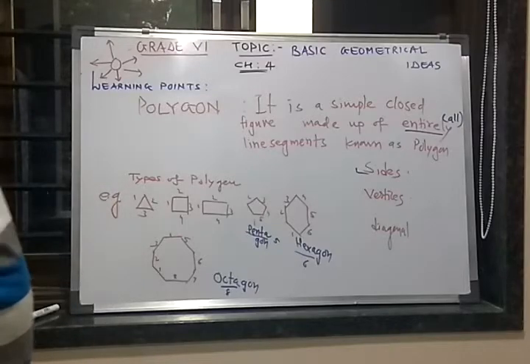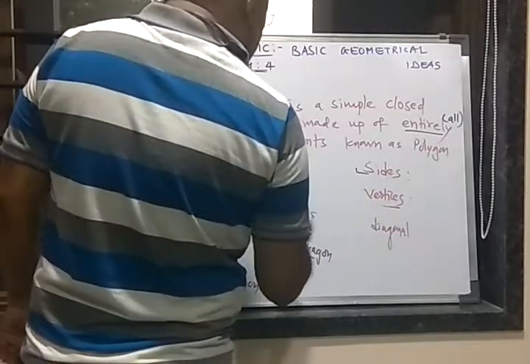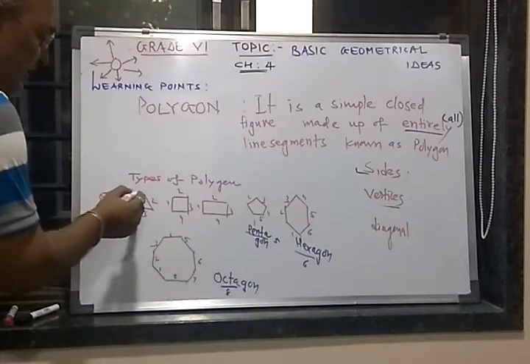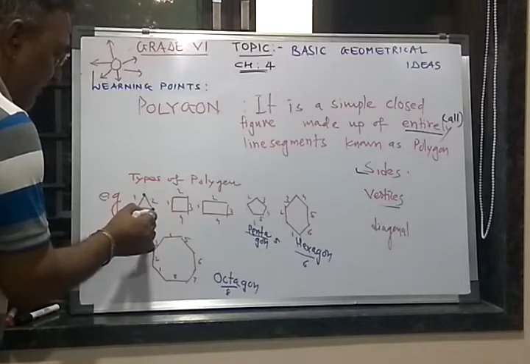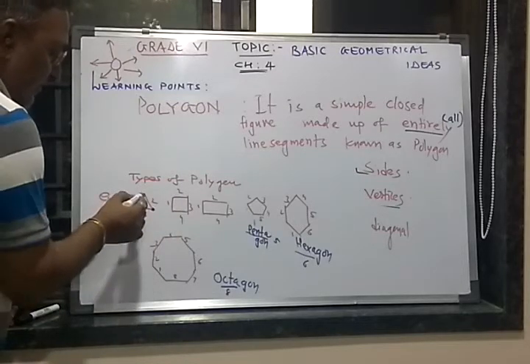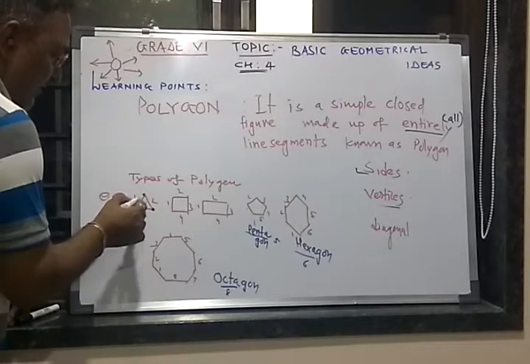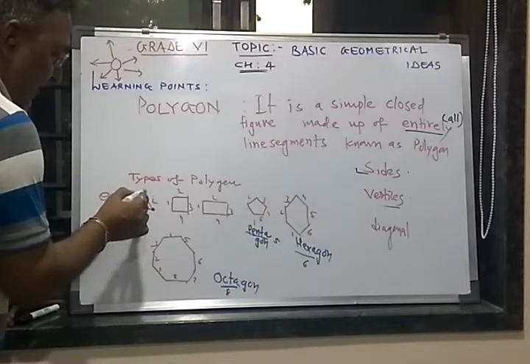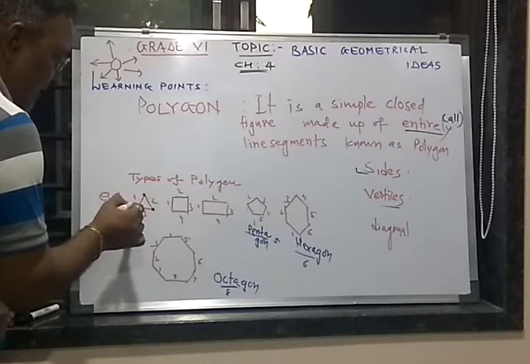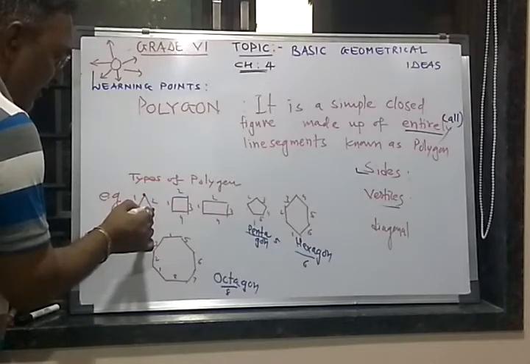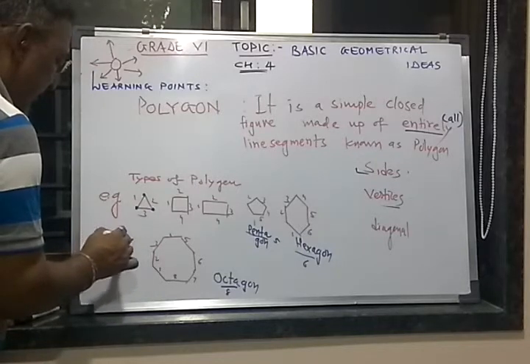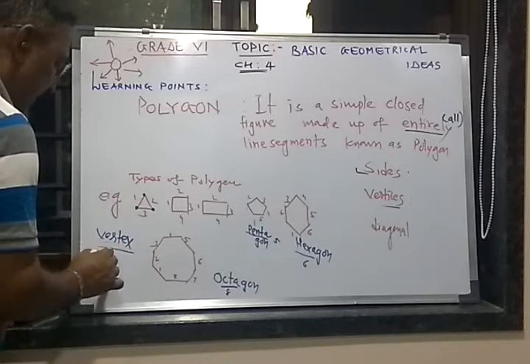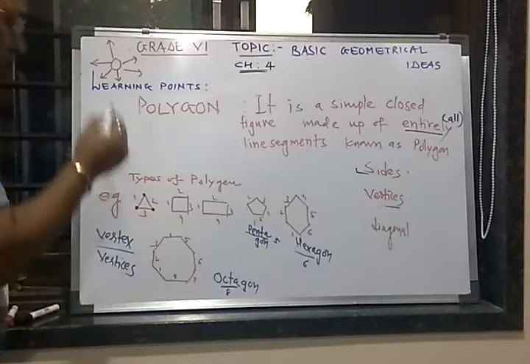Then vertices. Vertices means, you see here in the triangle, intersecting points. These line segments intersect at this point, which makes one vertex. These and these, 2, 3. So here 3 vertices are there. Vertex is singular, and vertices is plural.